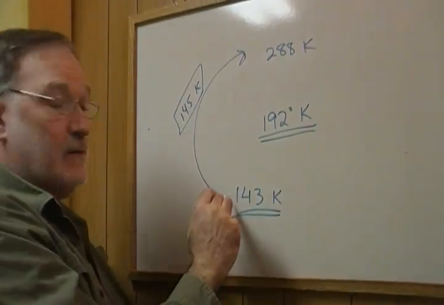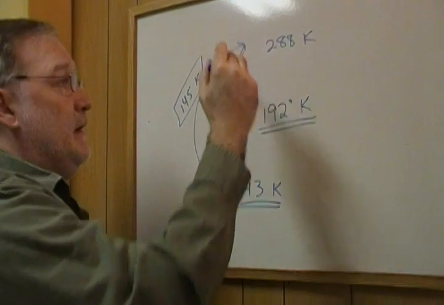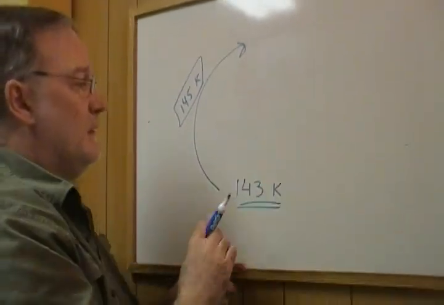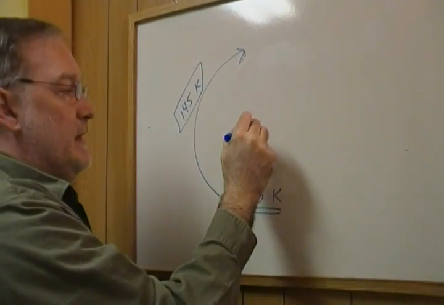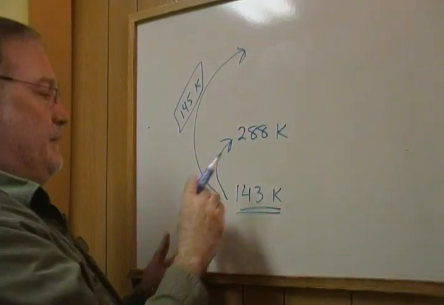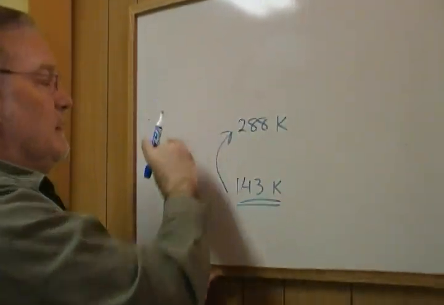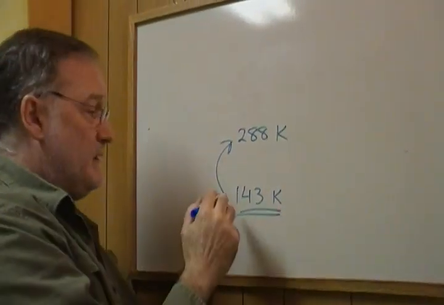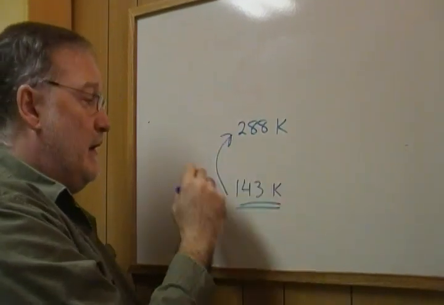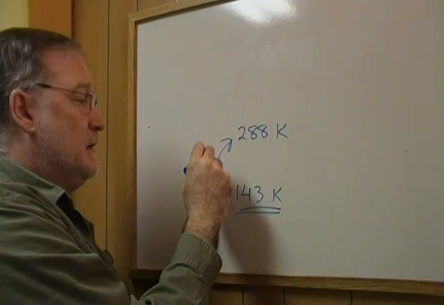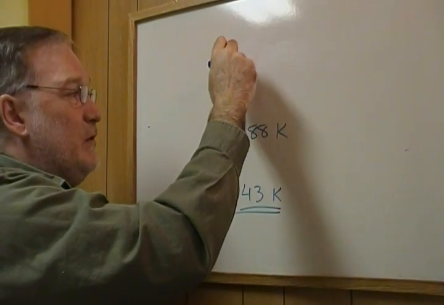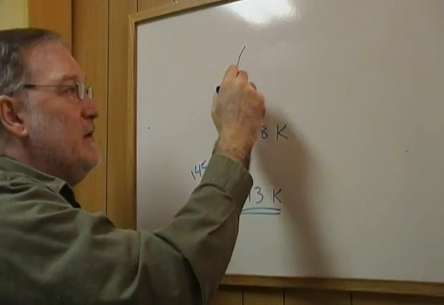So not only do we have to raise the temperature up 145 degrees to get to 288 Kelvin, but the Earth is also being constantly cooled 192 degrees.